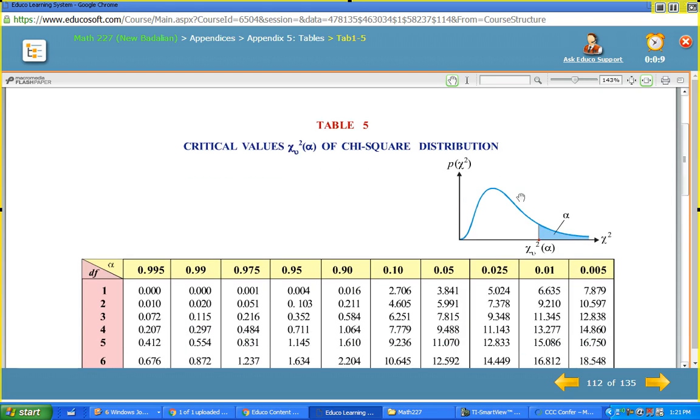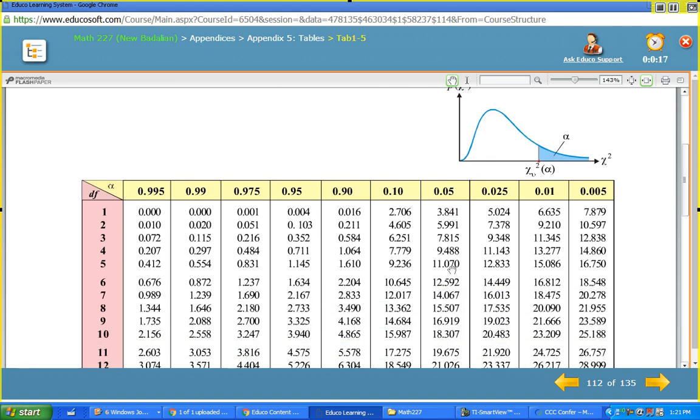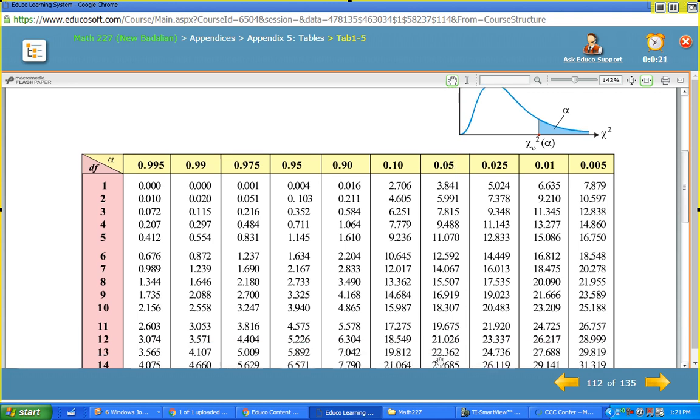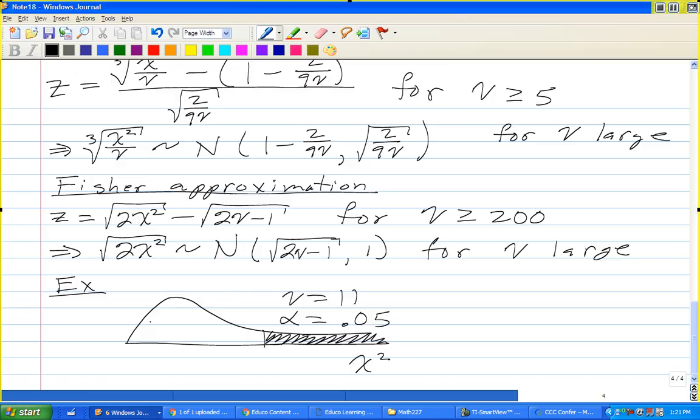So notice that this is the area of the right tail, and I wanted the area of the right tail to be 0.05, so there it is. And I look for my degrees of freedom, which is 11. And so if I do that, I get 19.675. And that is your answer.